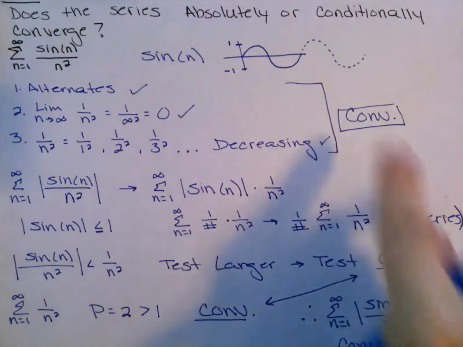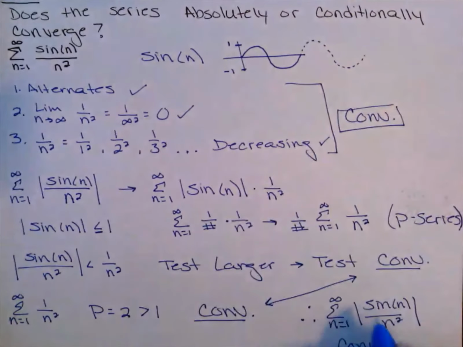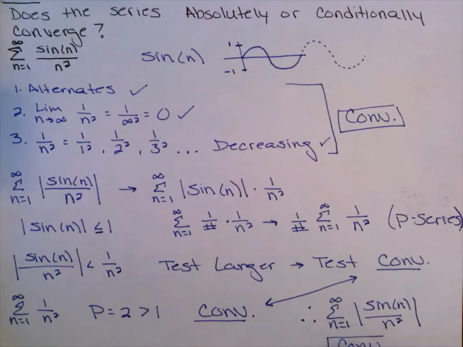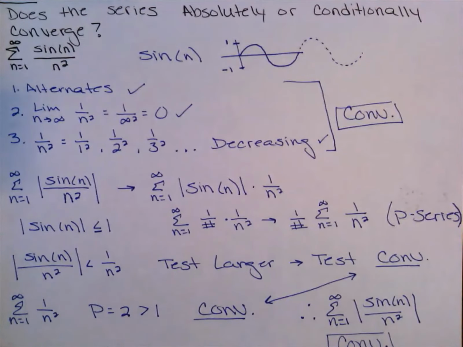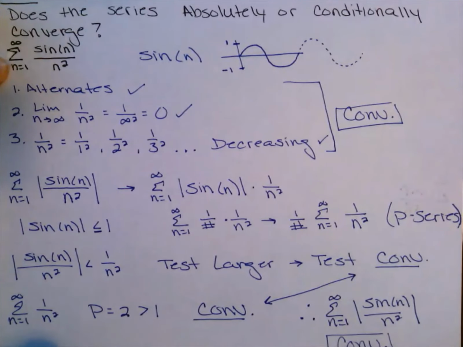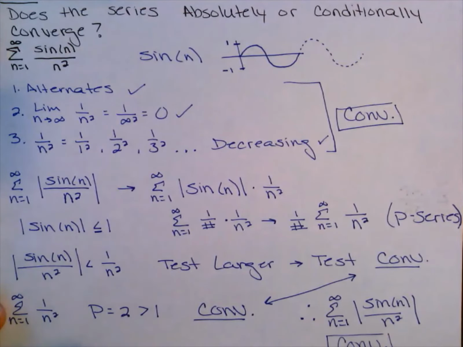Now, one more time. If the original converged and the absolute value converged, because both of them converge, I can say that this original series absolutely converges. And again, that's because both the original and the absolute value converge.